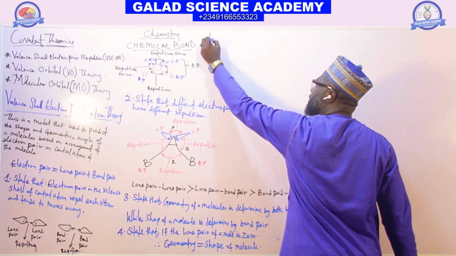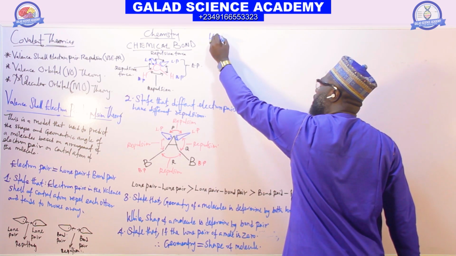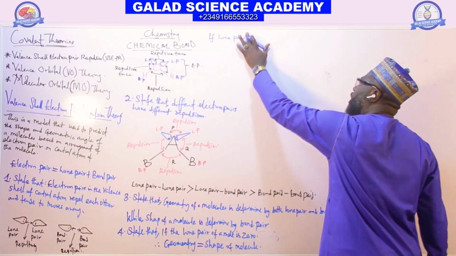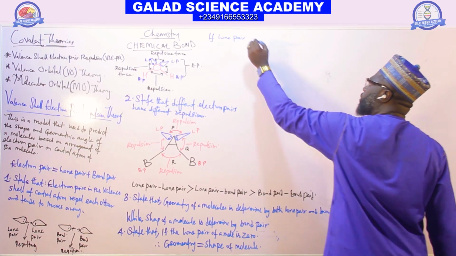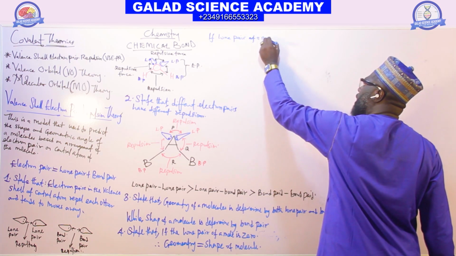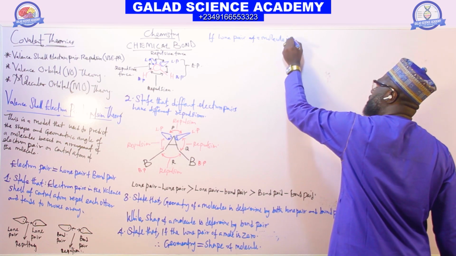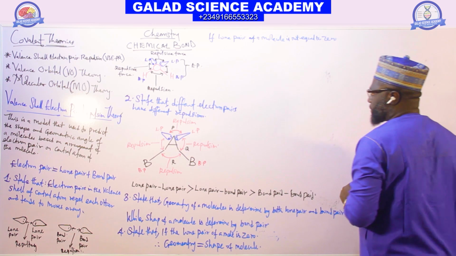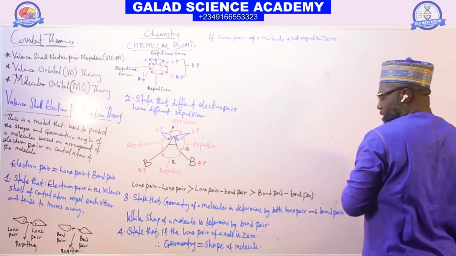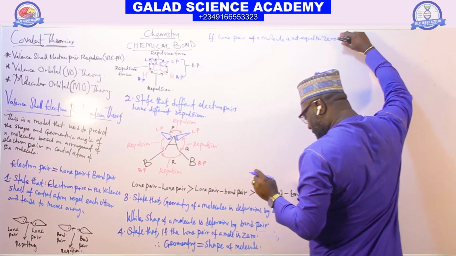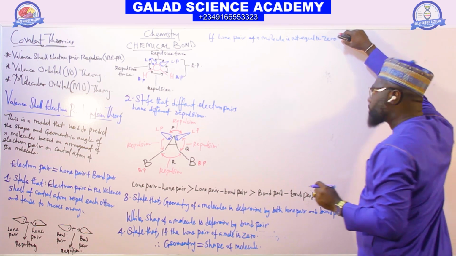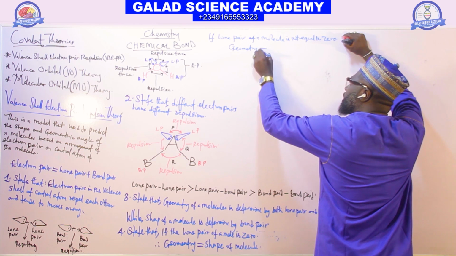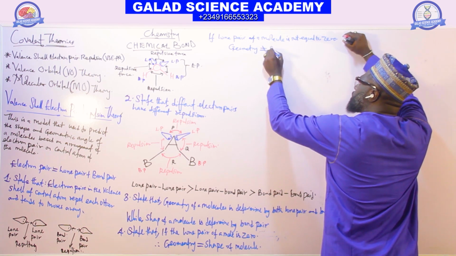But if the lone pair of a molecule is not equal to 0, the geometry is not equal to the shape.